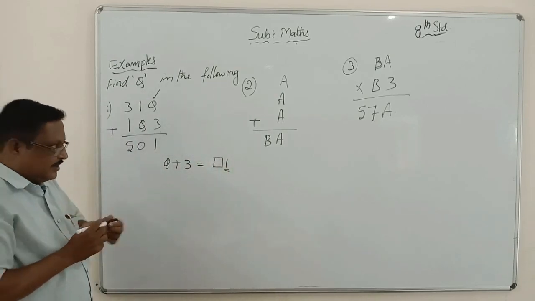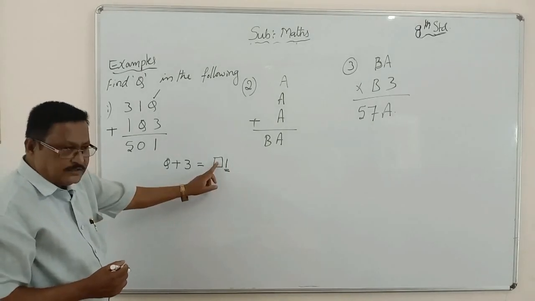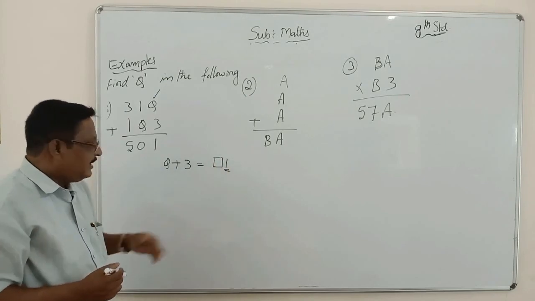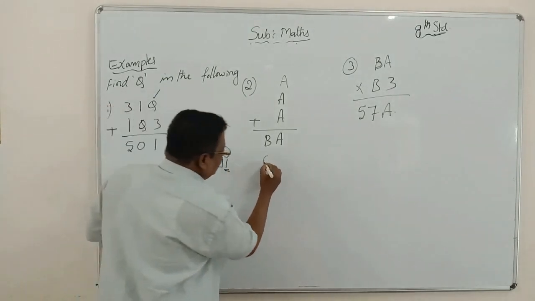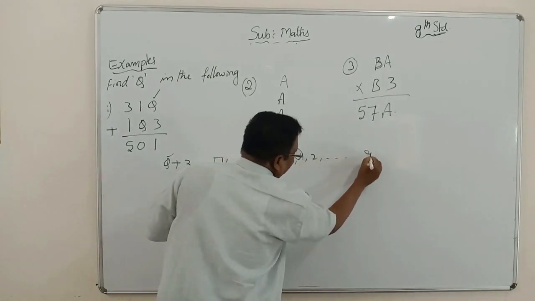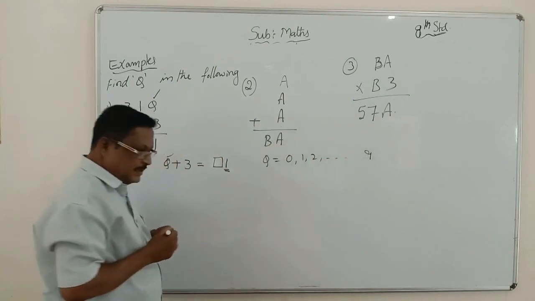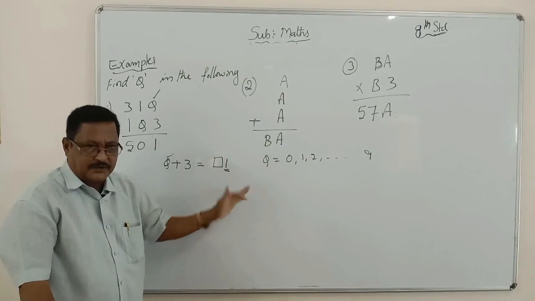Here q is always a number, q is equal to 0, 1, up to 9. These are the numbers. Which number is correct for this problem?